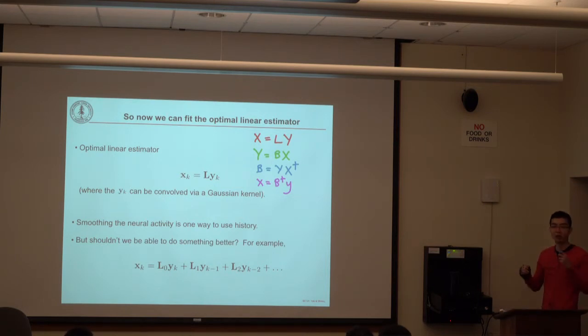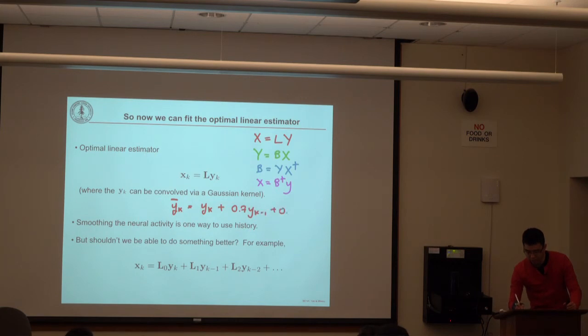All right, so when we did our convolution of the neural data to incorporate history, what we've basically done is take a kernel, multiply in time and add. So our smooth neural data, we'll call it yk bar, is equal to yk plus, let's say, 0.7 yk minus 1 plus 0.4 yk minus 2 plus maybe 0.1 yk minus 3.